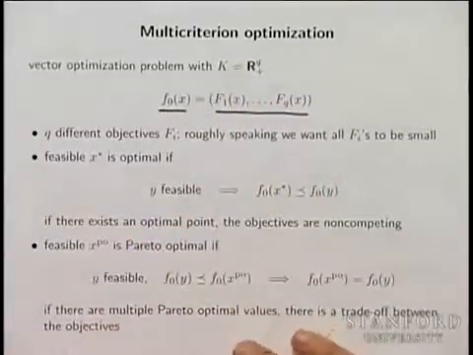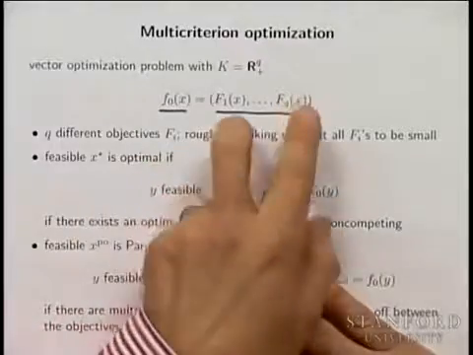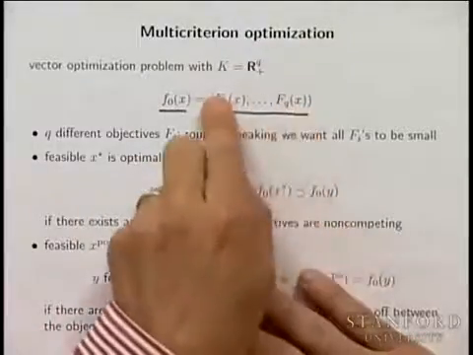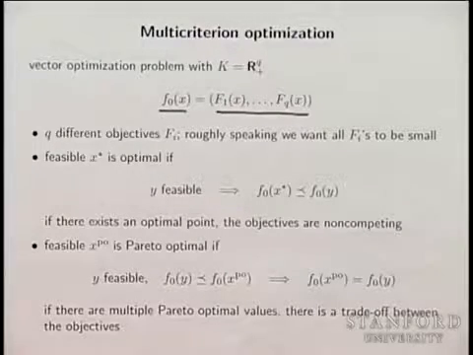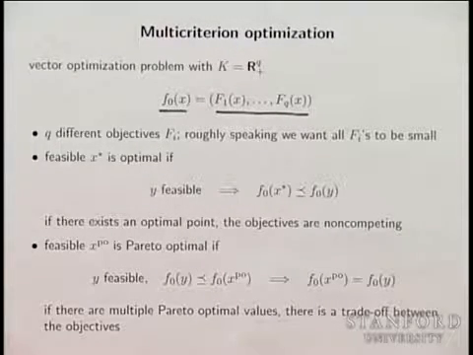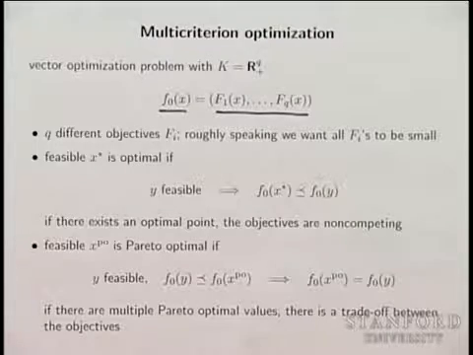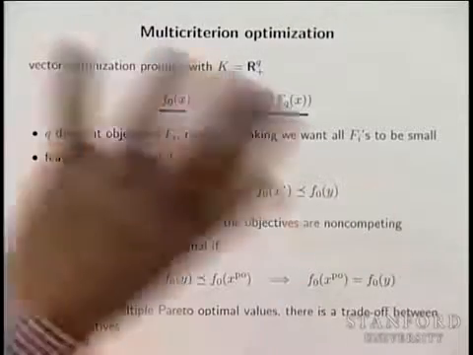Okay, so, roughly speaking, the idea is here you want all of these small. Now, the one thing you can say is this: if someone comes up with a point, and you meet or beat them on all objectives and beat them on one, you're better. Everybody got that? This is like a core idea in economics.